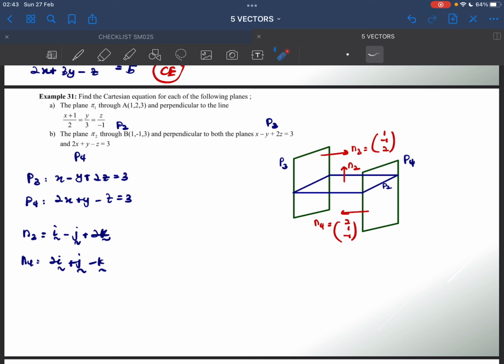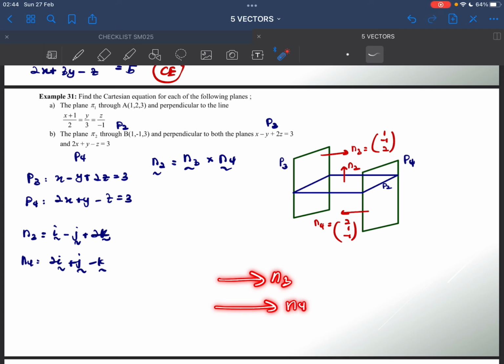What we have to do is basically find the cross product between these two vectors. One more time, we have the normal 3 here, and we also have the normal 4. Okay, this is normal 3, this is normal 4.